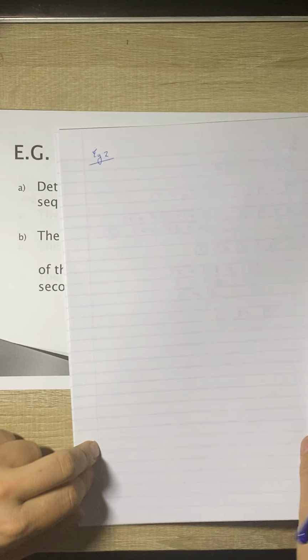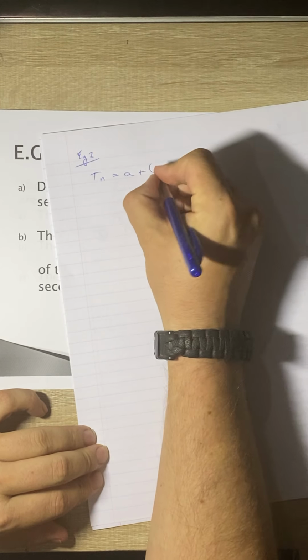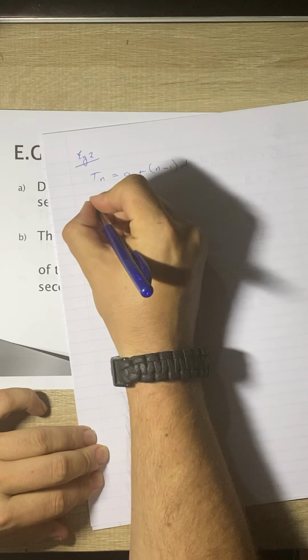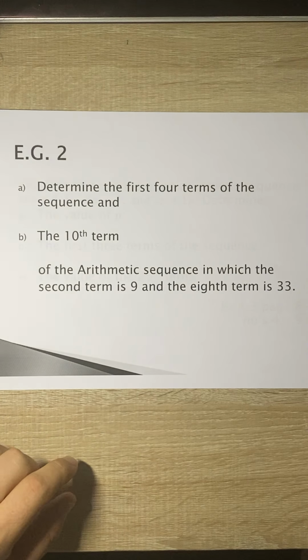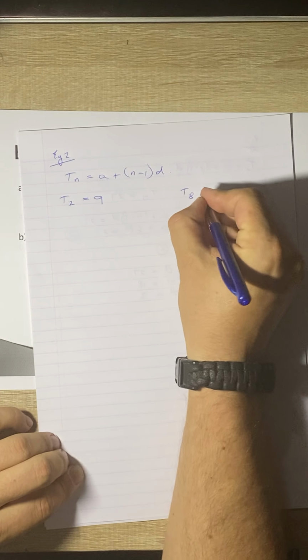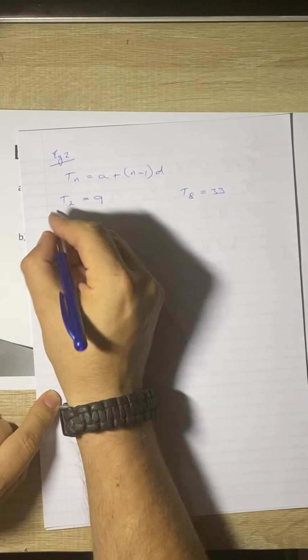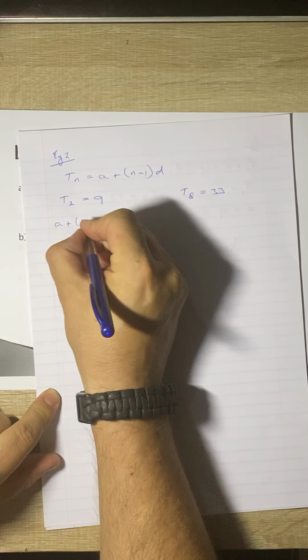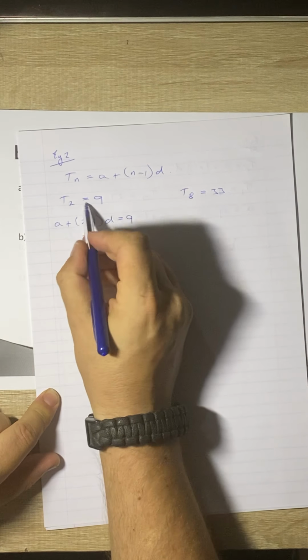Okay, so what have they told us here? They've told us that the second term is 9, and the 8th term is 33. Just want to write down the formula. So all I'm going to do is plug 2 into there. So that means that n is 2 and we get A plus 2 minus 1 times D equals 9 from here.